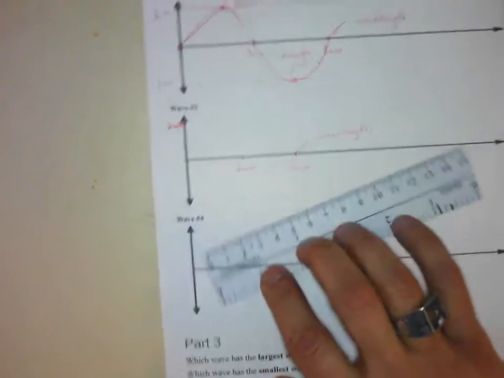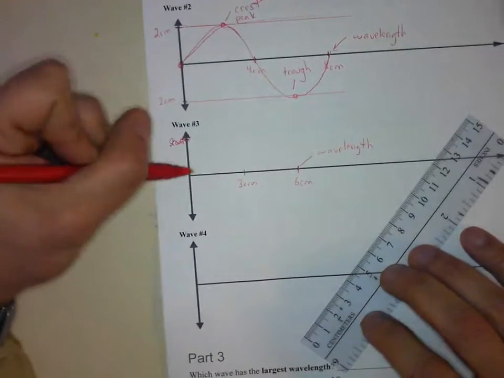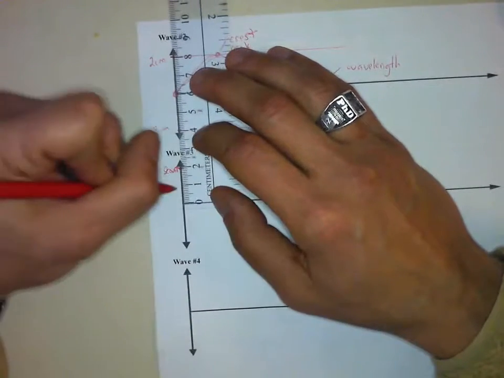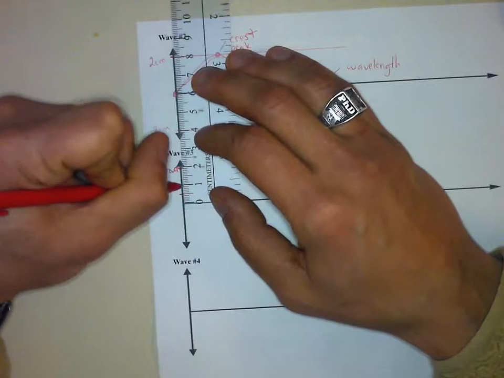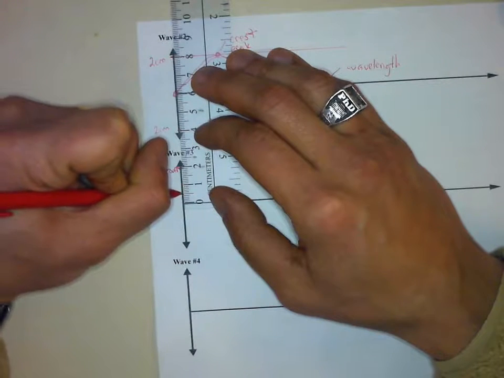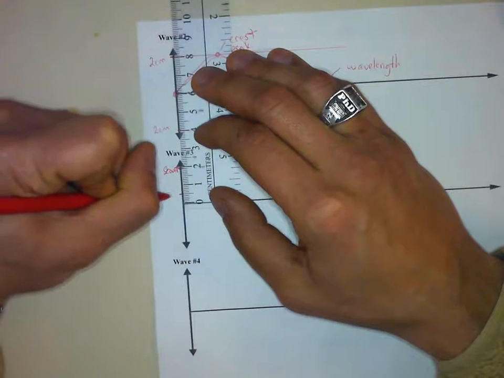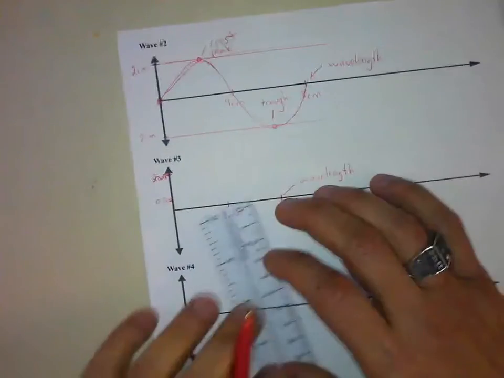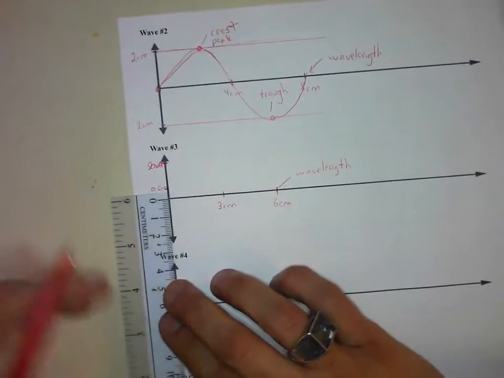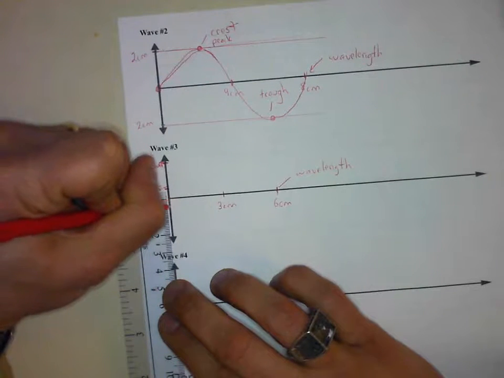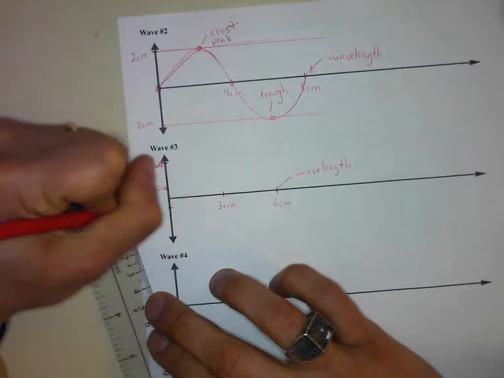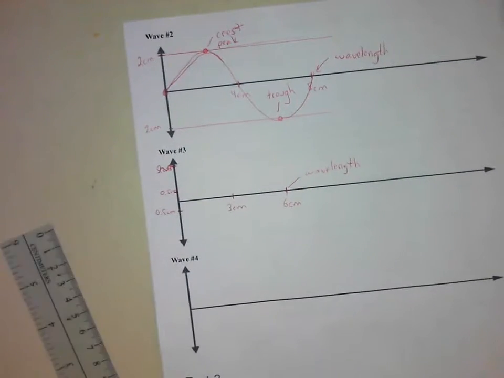Okay. And my crest is half. It's only right there. 1. This is 1. This is half. This is medio. This is the middle. 0.5 centimeters. Same thing going down. This is 0.5 centimeters. Okay.